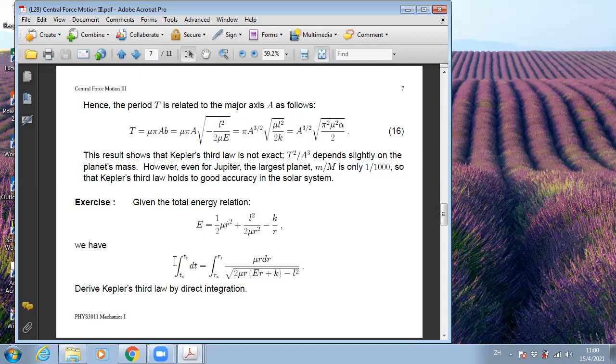Then after the integration, you will get half period. Am I right? Half period. Now what you need to do is to do this integration. Do you know how to do it? Okay, 5 minutes.